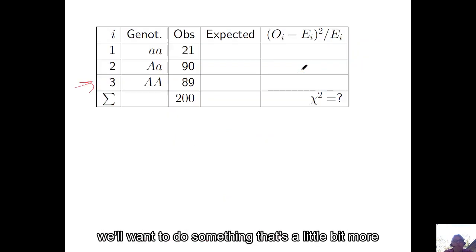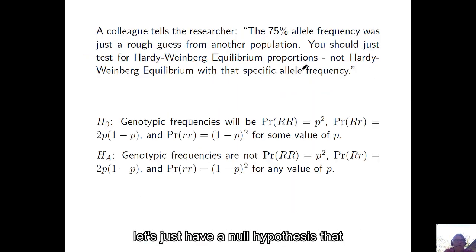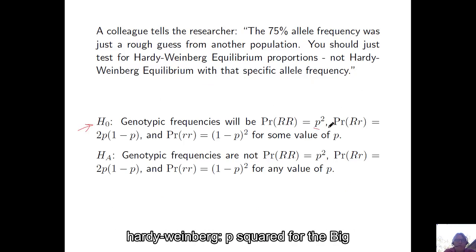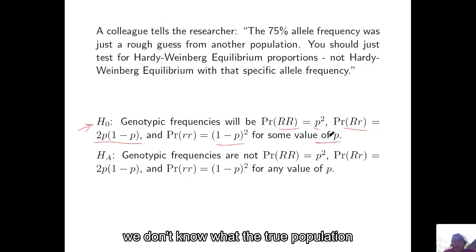So often we'll want to do something that's a little bit more targeted in terms of the null. We'd say something like, let's just have a null hypothesis that says the genotypic proportions are going to follow the Hardy-Weinberg: p squared for the big R, 2p times 1 minus p for the heterozygote, and 1 minus p squared for the other homozygote. But we don't know what the true population proportion of the big R allele is.